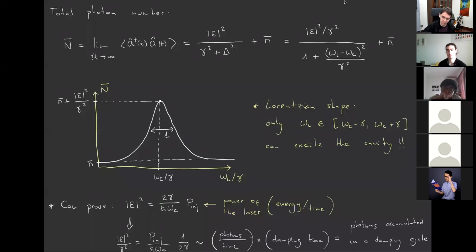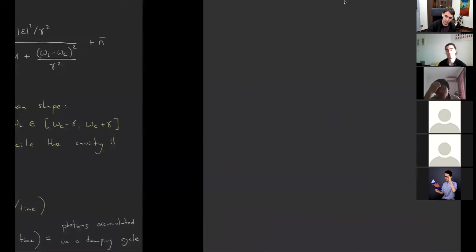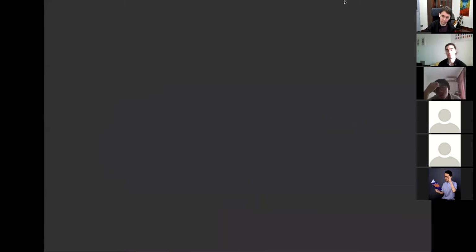So then you see that just from the number of photons, we can see a lot of interesting stuff, but there is also interesting stuff happening in the field amplitude. So let me just consider also the field amplitude inside the cavity.